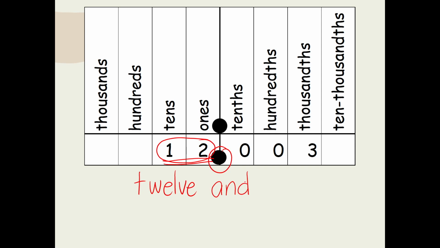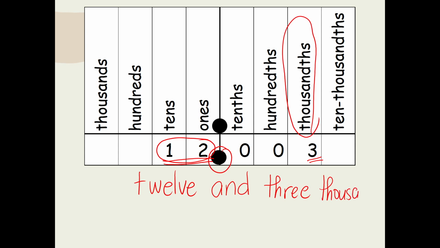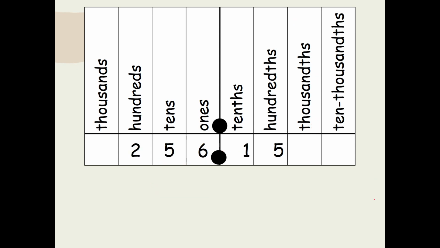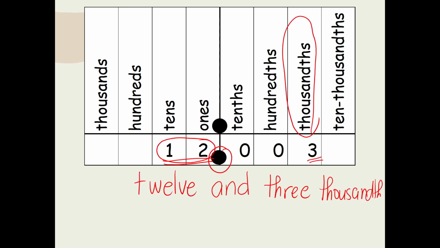Do not tell me 0.003. It's 12 and. Then you read the number 3. Now, what is the place value of the 3? Thousandths. So I have 12 and 3 thousandths. Is that clear? Okay, sir.